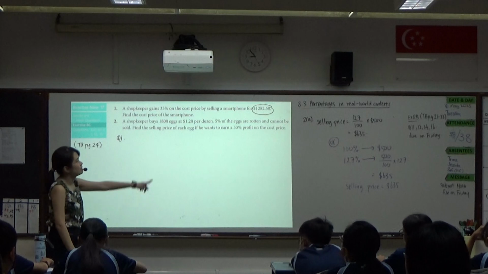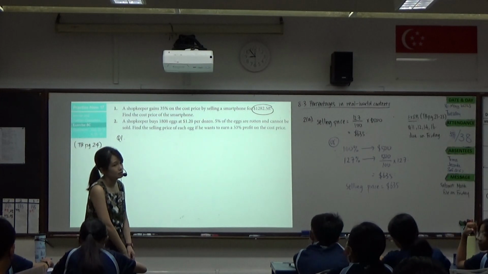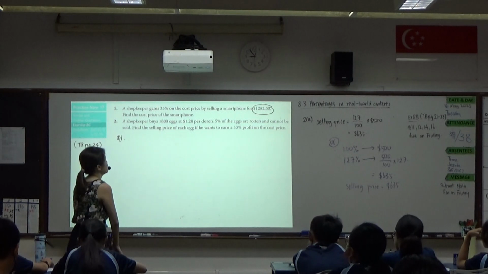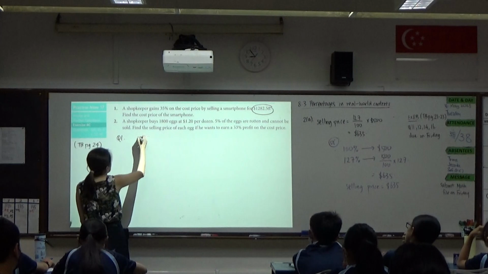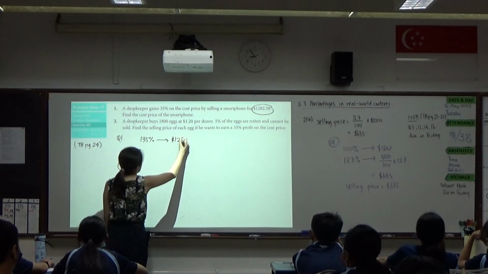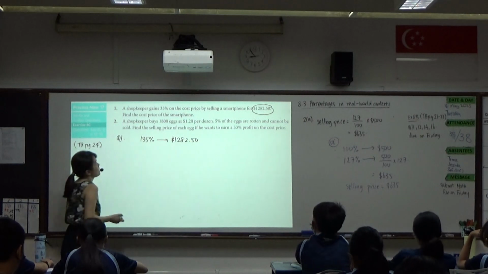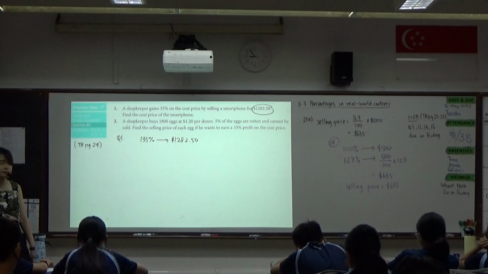How many percent does $1,282.50 represent? 135, right? So we need to be clear that this is your selling price. So your 135% represents your $1,282.50. And what we're trying to find out is the cost price, which is 100%.